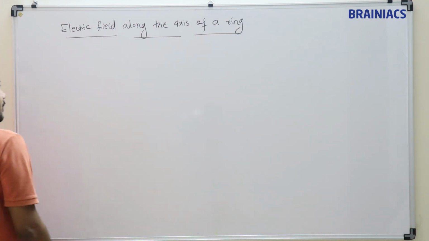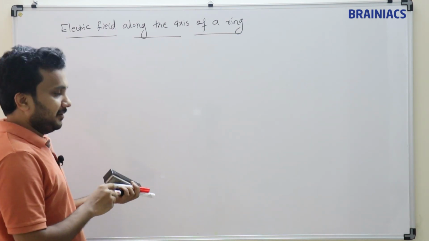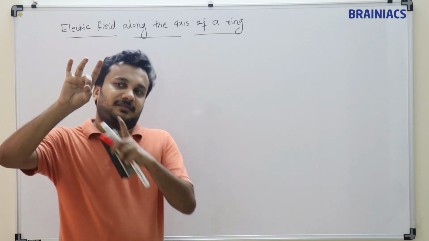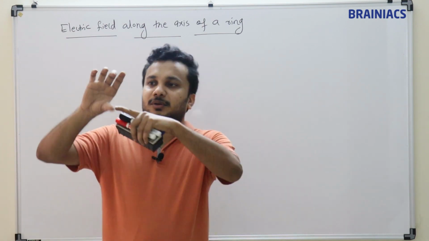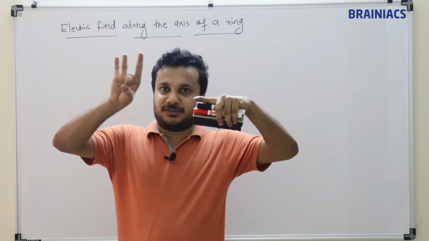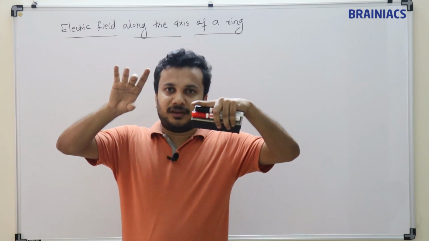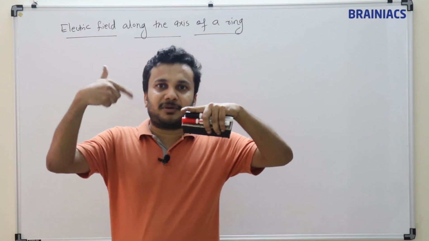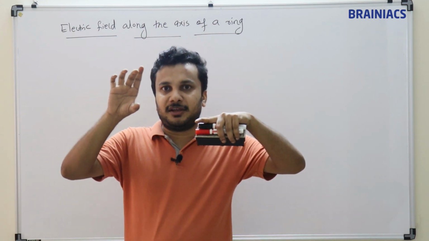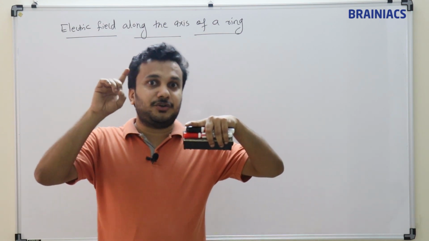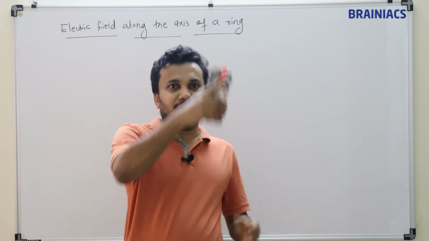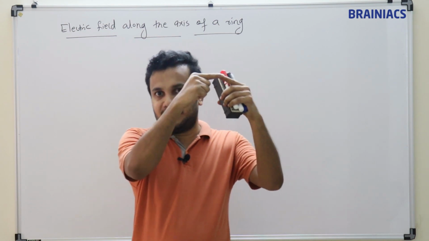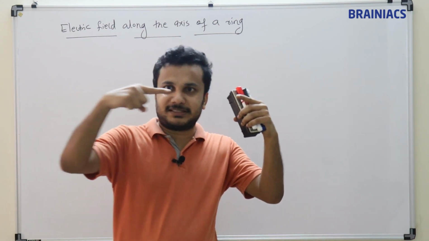Okay, let's consider a ring, this circle will be a ring, and we are going to calculate the electric field along this line. So this is a ring. If you have something like bangles on your hand, then you have to imagine it from a 3D point of view. You have a ring, and you are calculating along the central axis.